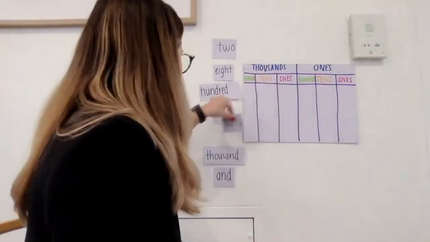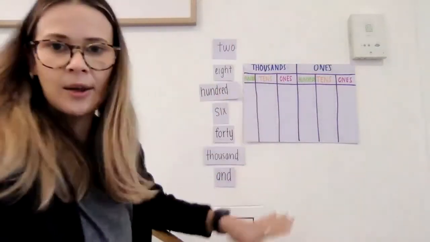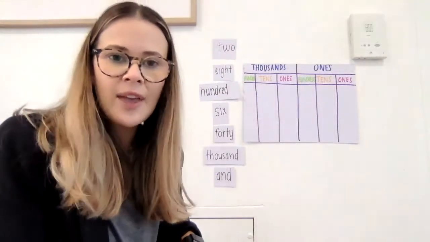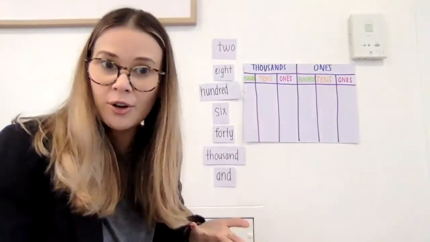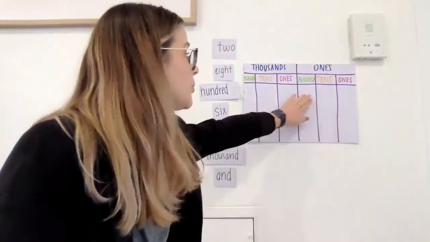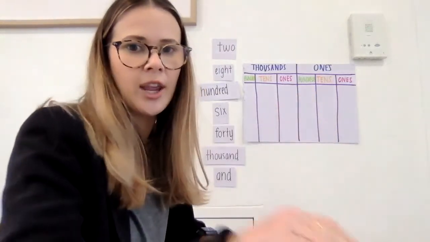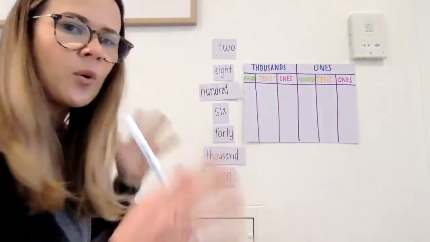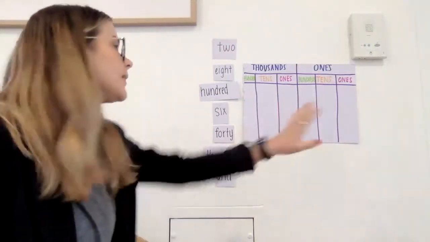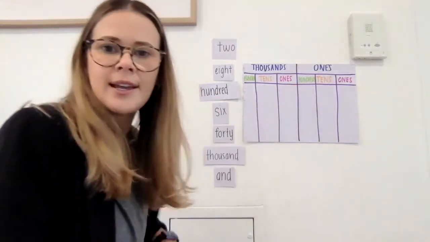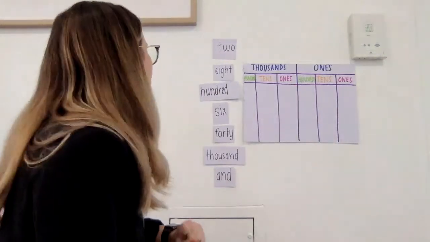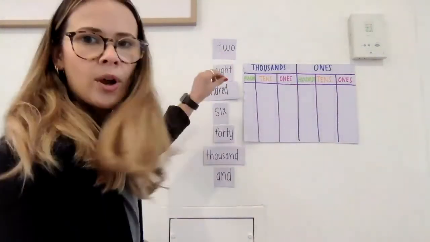Okay, so I'm going to create a number now out of these, and you might create your own. And we're going to put that into our place value chart, okay? So I'm going to have a quick look at it and organize it to create a number, and then I'm going to write it correctly into my place value chart, okay? So I'm going to organize these a little bit.